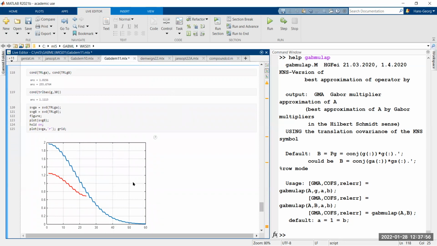So to give you an idea, it was just to compare two eigenvalues or singular values of such families. In the first case, I take the fine family, which is lattice constant 8. So you see it starts nicely, but then it goes down, which means if I want to represent, let's say, 40 dimensions, I will find some vectors which can be represented, but where the cost of representation is quite high.